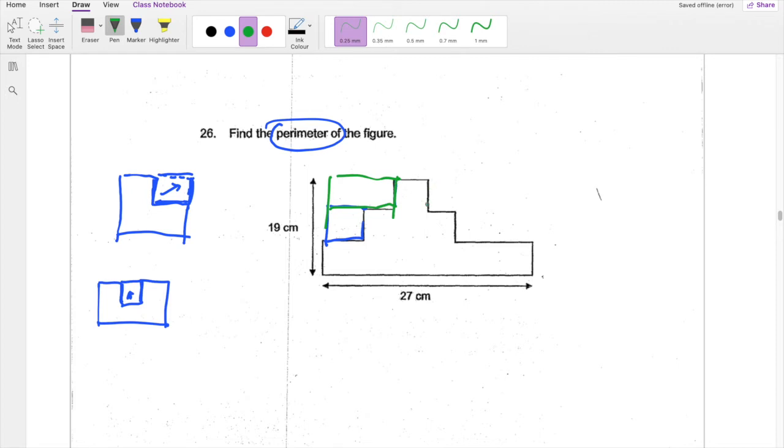And same here, this one pops up to here, then this one can pop up to here. So it's just this rectangle, right? It's very straightforward. For a rectangle, the perimeter is 19 plus 27 times 2, right? This gives the answer 92.